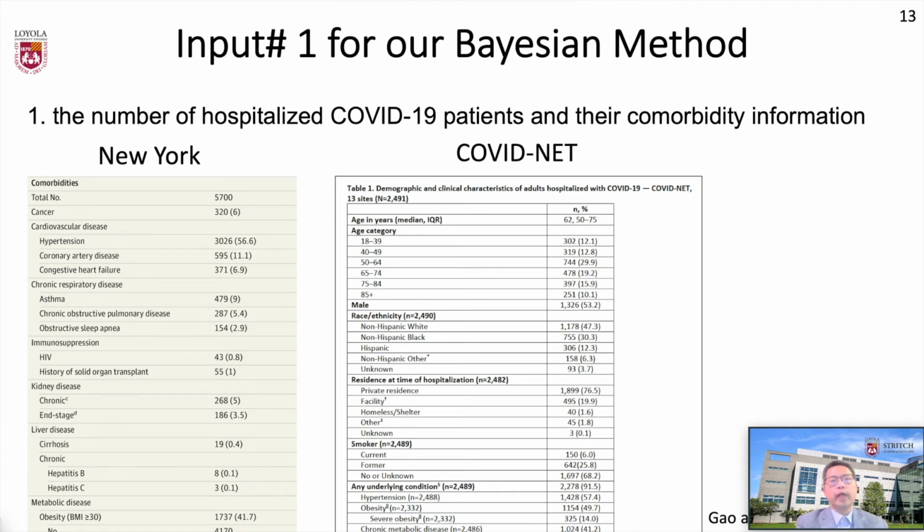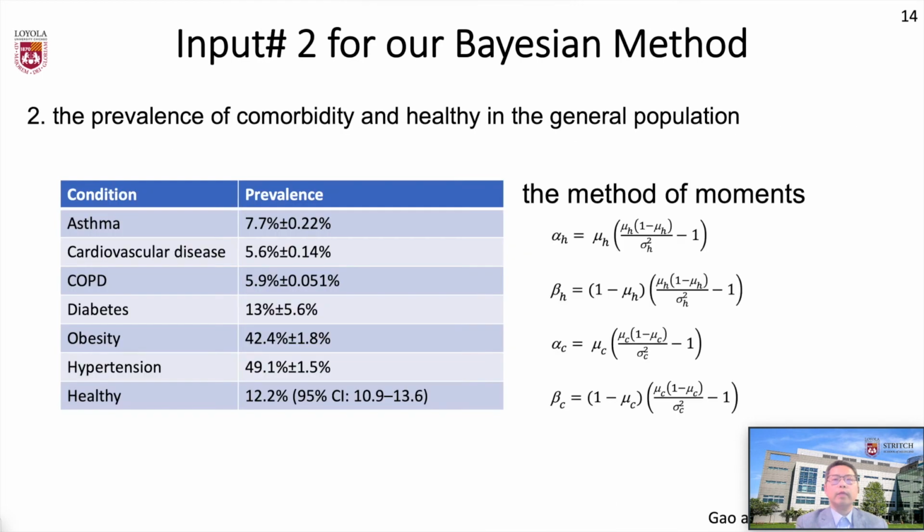So there are two types of inputs required for our method. The first is the number of hospitalized COVID patients and their comorbidity information, which is the two tables I showed in the previous slides as well as here. The second input is the prevalence of comorbidity and healthy in the general population, which we had to dig out from public health resources.